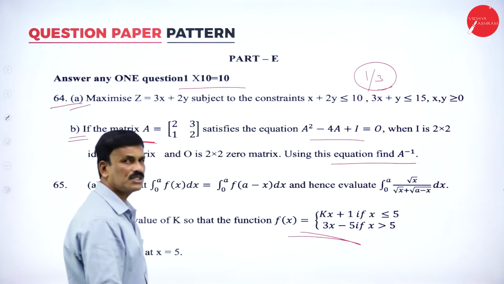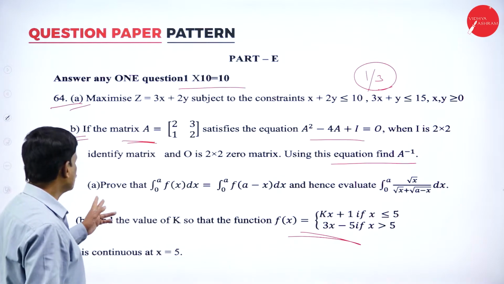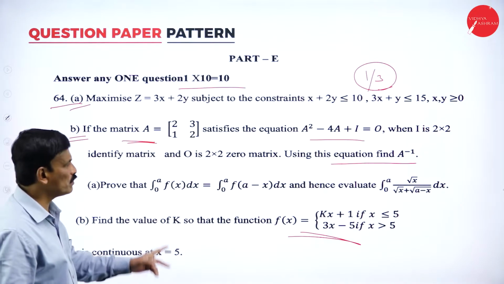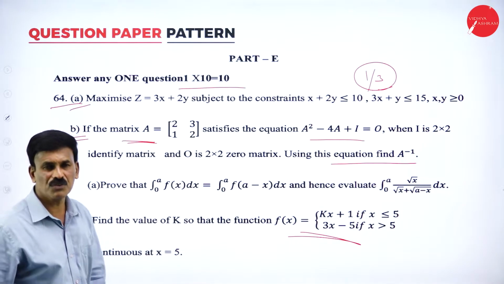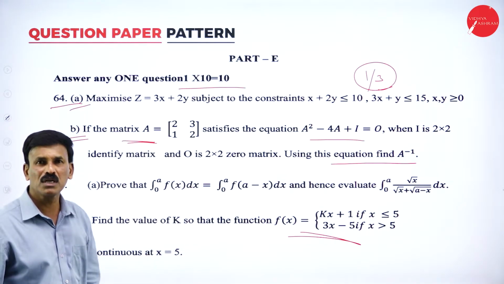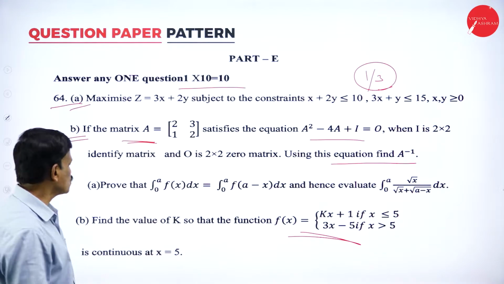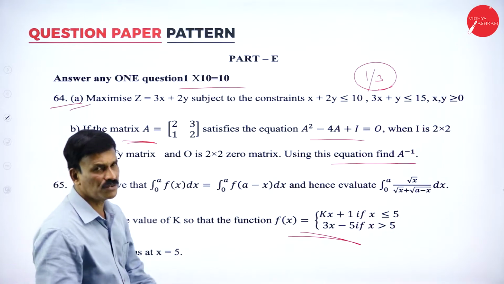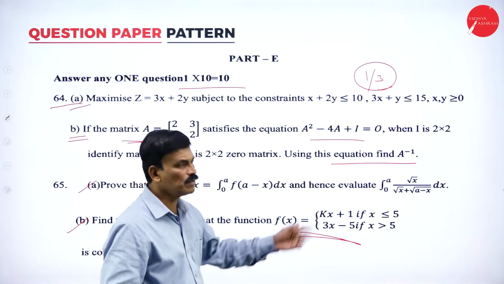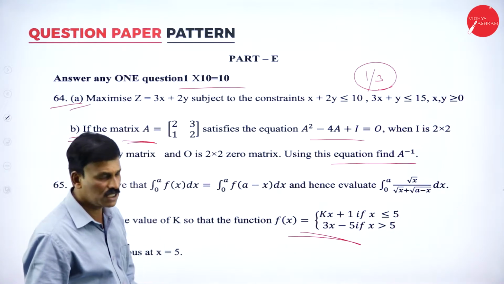Now in the second question you will have a problem based on properties. There are 6 important properties, and from those you will get one property for derivation and a problem related to a particular property. That is 65A. And for B you may expect a question from continuity, or it may be from properties of a determinant.